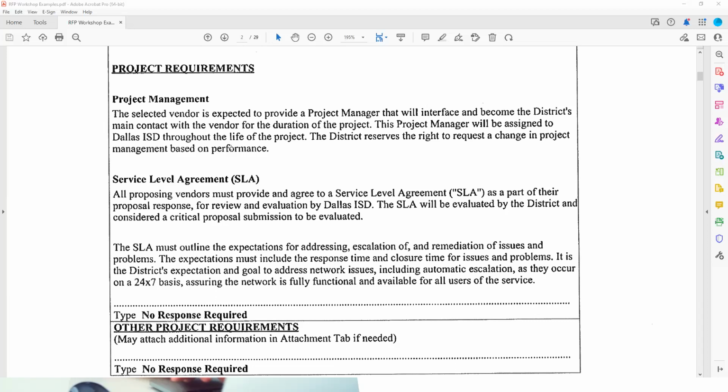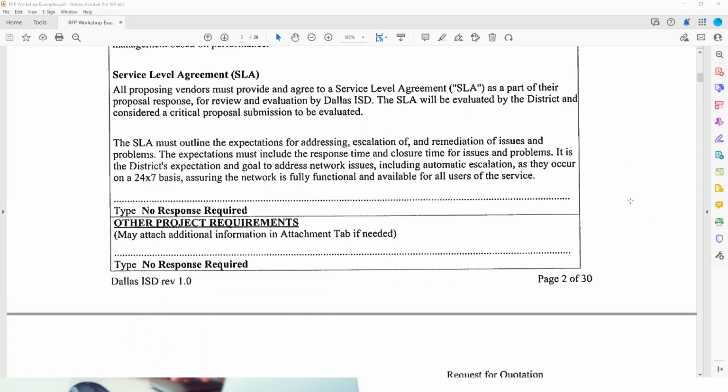And they're also saying the district reserves the right to request a change in the project managers based on performance. So they're letting you know, if the project manager that is assigned does not meet our expectations, we have a right to request a change. So you guys kind of have to deal with that.